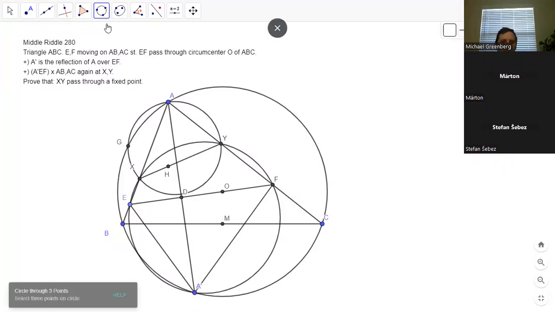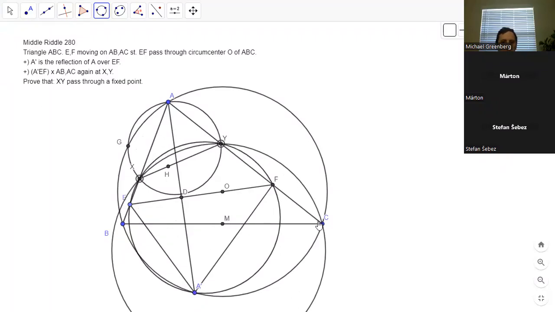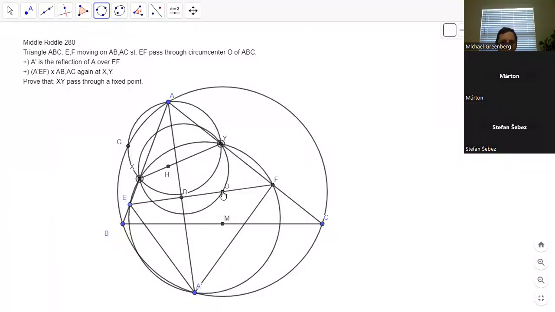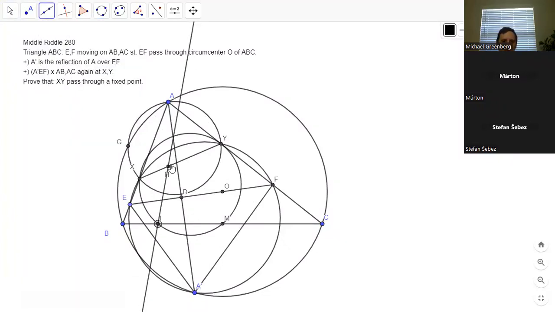So is there some other circle that passes through XY? Maybe these are collinear?